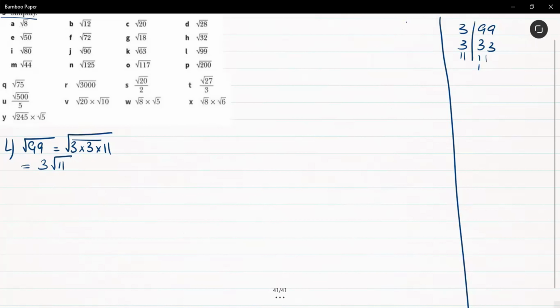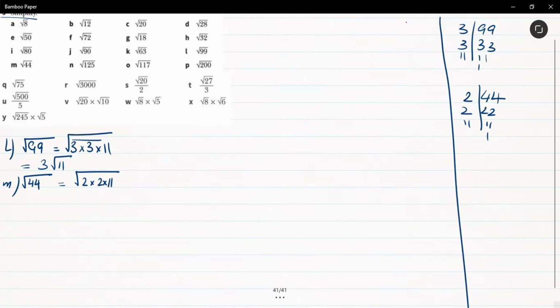For part M, we are going to get under root of 44. Similarly, take out the LCM, and we would get 2 22s are 44, 2 11s are 22, and 11 1s are 11. So this is equal to under root 2 multiplied by 2 multiplied by 11.